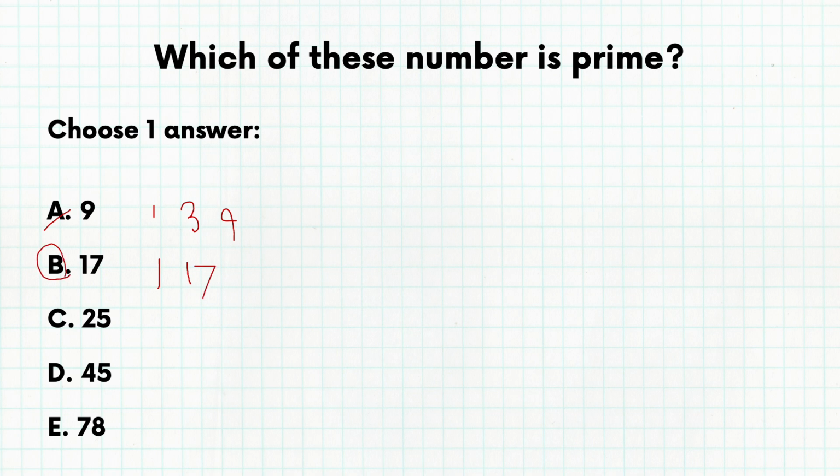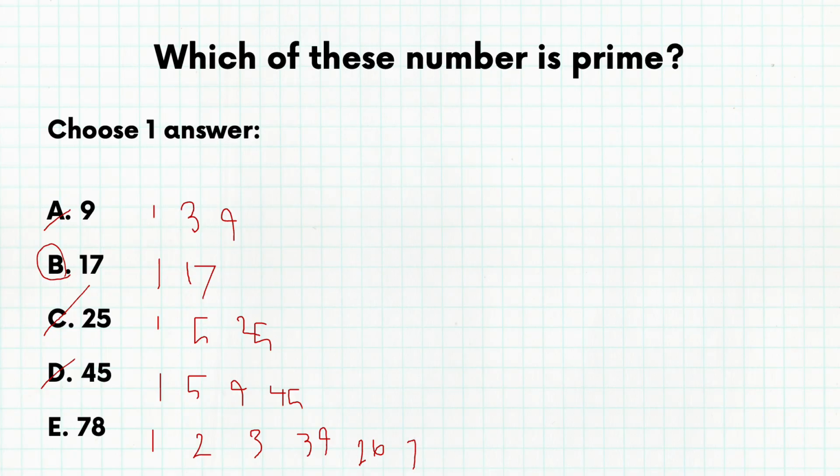What about C? 25. Can we find another factor besides 1 and 25? Yes, 5. 25 can be divided by 5. So this is not a prime but composite. And D, 78: 1, 2, 3, 39, 26, and 78.